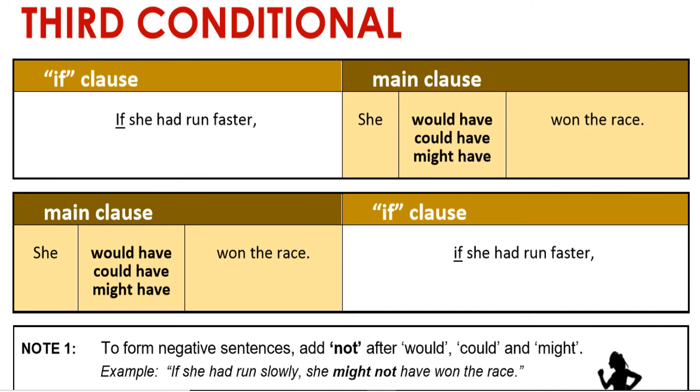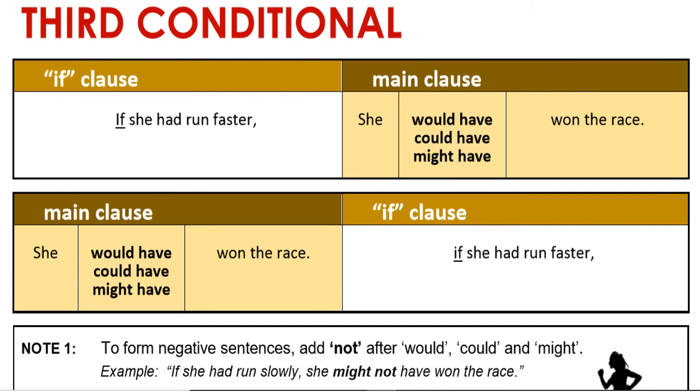Okay? So if you start the sentence with if, after if, had, after had, past participle, then comma. Then write the other sentence. What would happen? She would have, after have, past participle also.